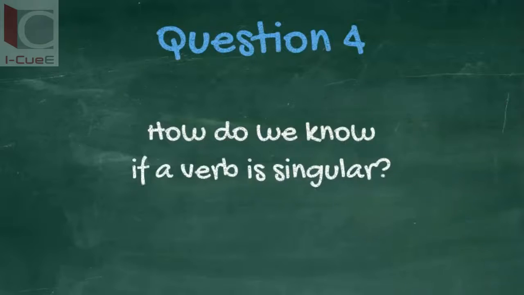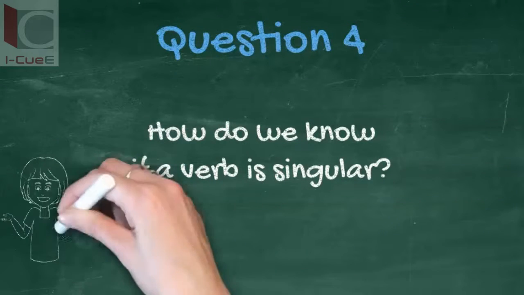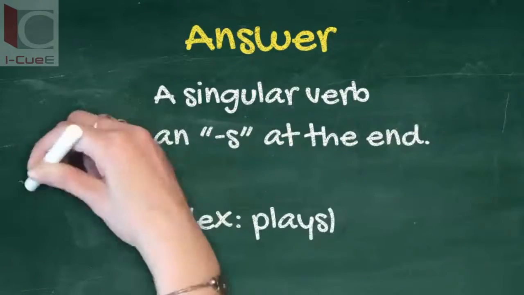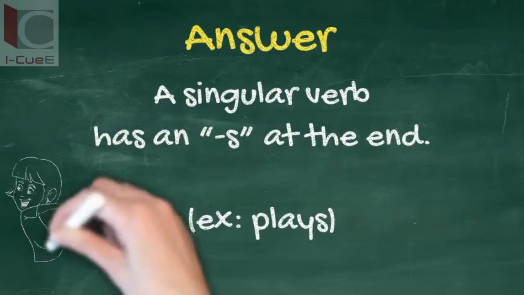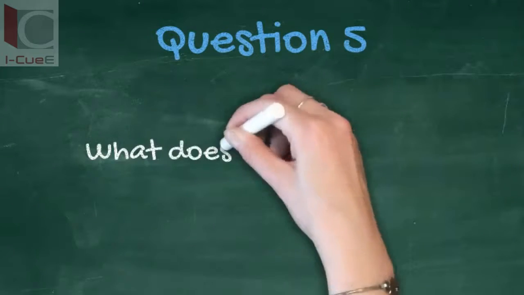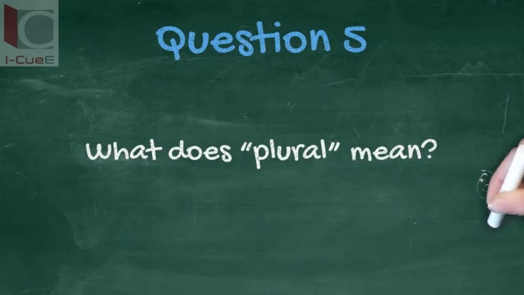How do we know if a verb is singular? A singular verb has an S at the end. Example, plays. What does plural mean?